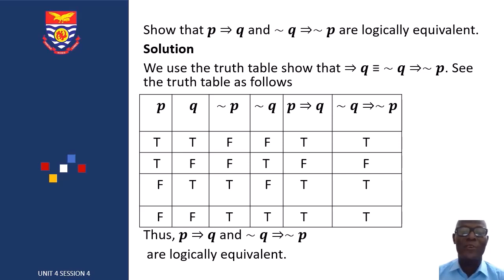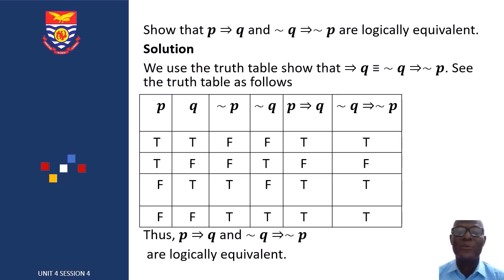If the negation of Q is false and the negation of P is true, then the implication is true. If the negation of Q is true and the negation of P is true, then the implication is true.